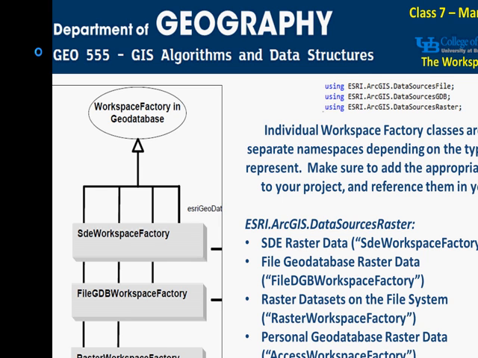Many of the classes are the same because geodatabases can still contain raster data. Raster data sets on the file system, like a grid, would be accessed with a raster workspace factory. Again, somewhat beyond what we're going to do here, but I think it's worth mentioning.